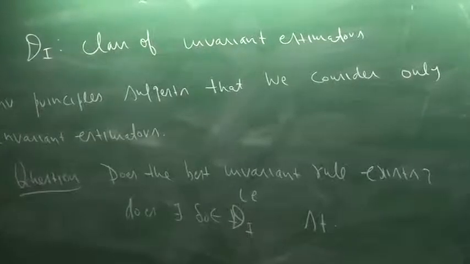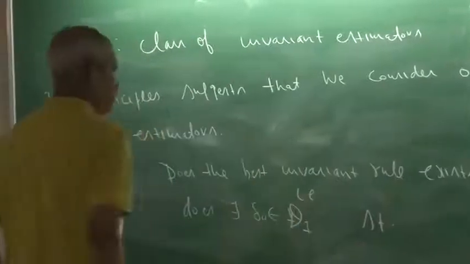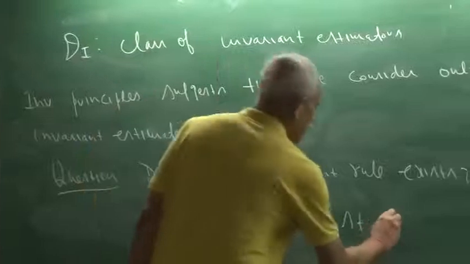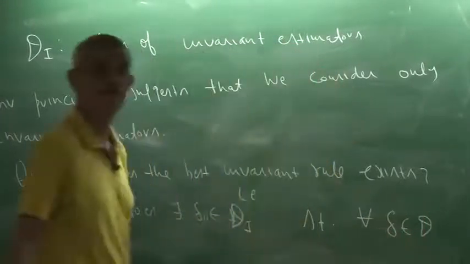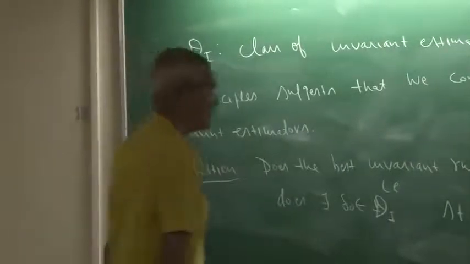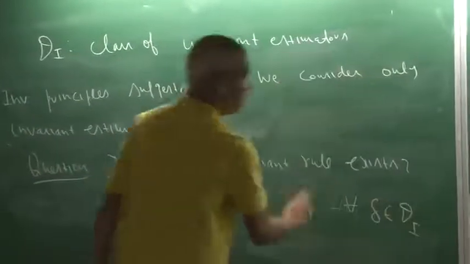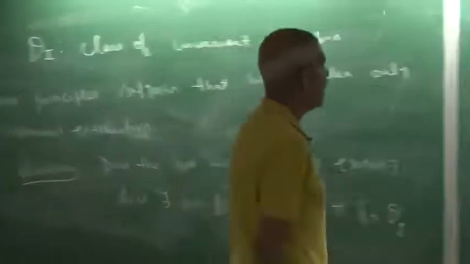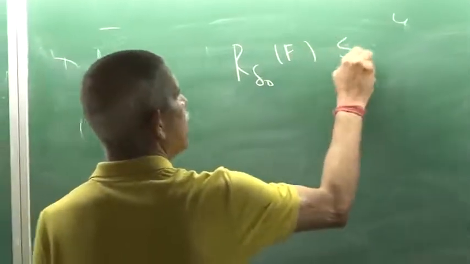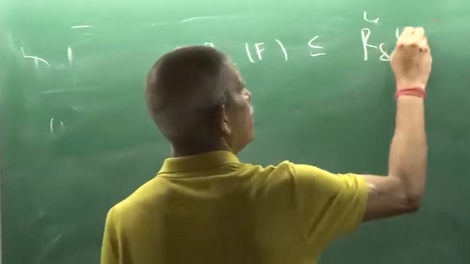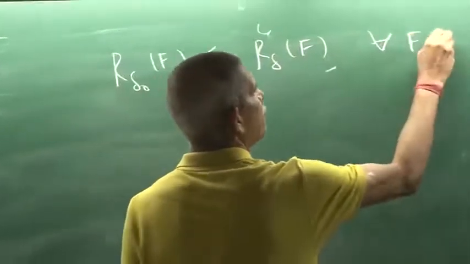What I am asking is, can I find an estimator delta naught in D_I such that for any other invariant estimator delta in D_I, R(delta naught, f) is always less than or equal to R(delta, f) for every f.